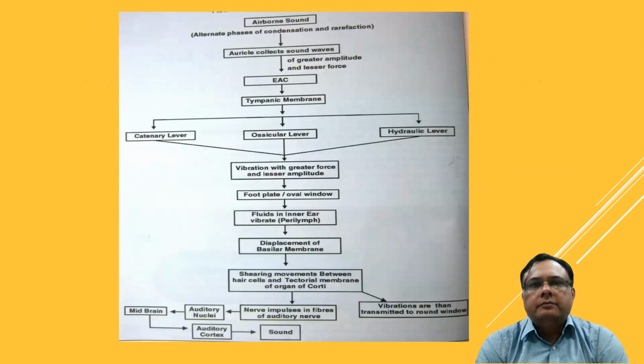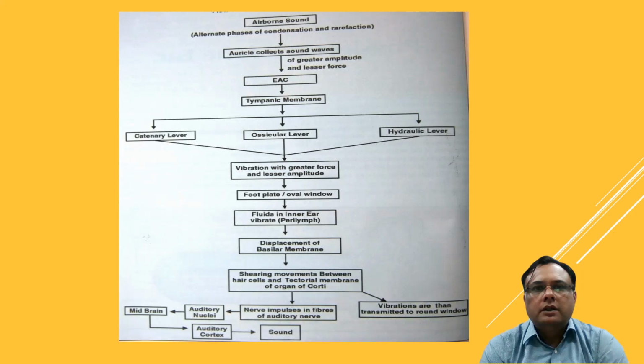This is the flow diagram of the hearing mechanism from the outer ear to the cochlea and the nervous system. As you can clearly see, airborne sound is collected by the auricle, then the external canal, which transfers it over the tympanic membrane.